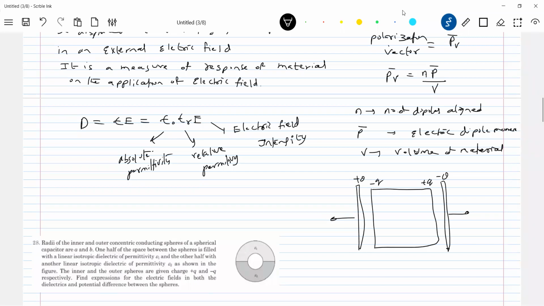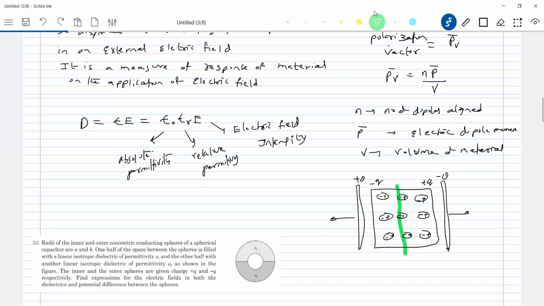So when you place this dielectric slab, the dipoles will be aligned, no? Here, what we had in the earlier discussion, minus plus. Now you just draw a line like this. So look at this layer. Some net charge is there, no? That net charge per unit area, like that will happen.